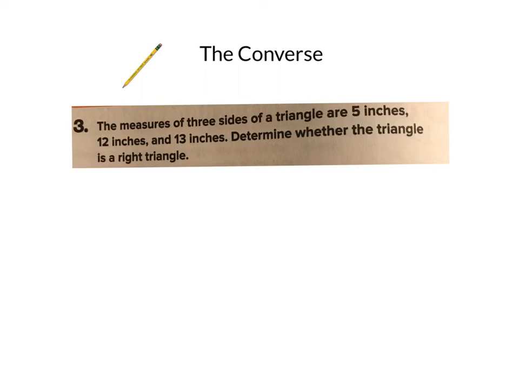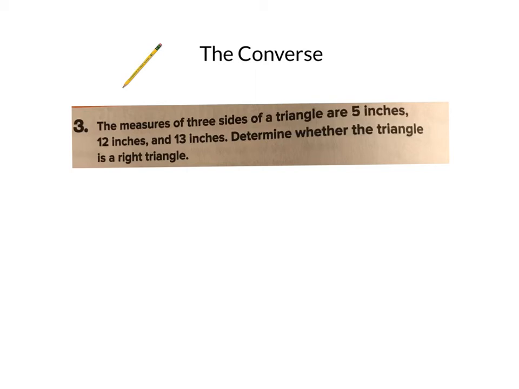All right, last but not least, we're going to just be talking about the idea of the converse. If I flip or reverse the Pythagorean theorem, I can prove that a triangle is a right triangle if it fits my formula.